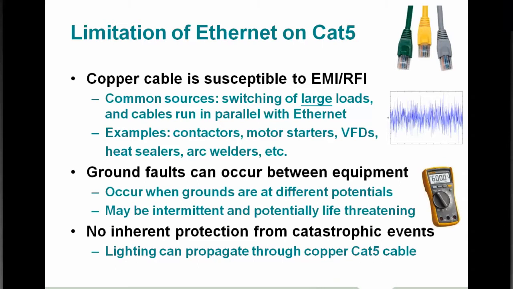Taking a lightning hit, even if not direct, even close, can not only disrupt your communications but could take out different devices in proximity. So certainly there are some significant limitations with Ethernet cabling, but you always have to look at the actual application to find out what's best.